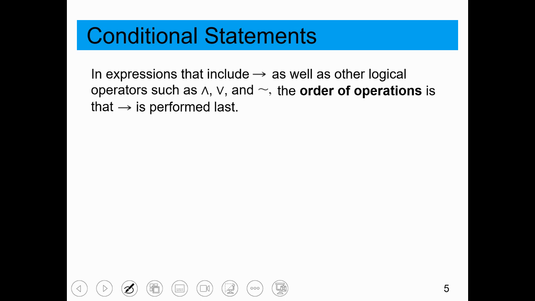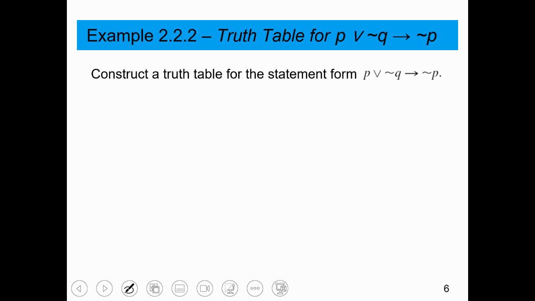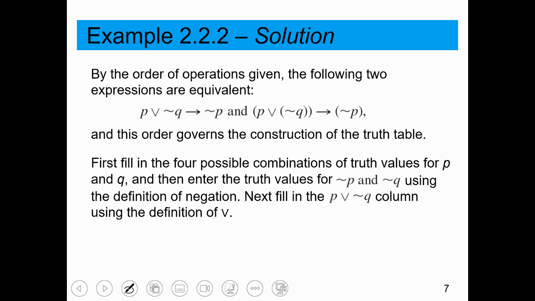In expressions that include an arrow as well as other logical operators such as and, or, not, the order of operations is that the arrow, the implication, is performed last. So it says construct a truth table for the statement of the form P or not Q implies not P. So, let's see, do we have a truth table?